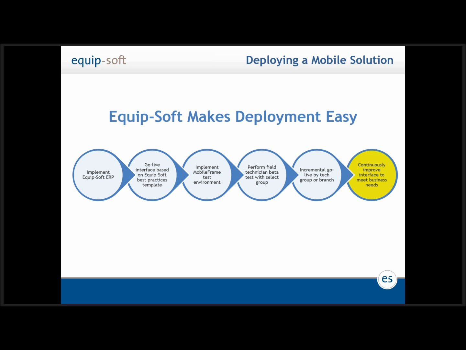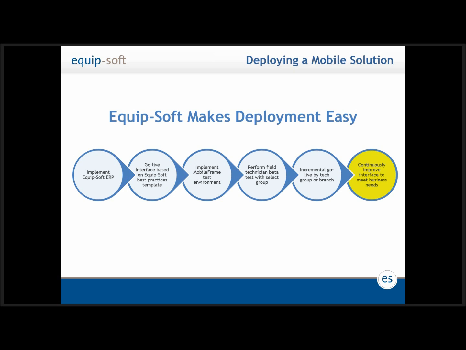How do we do that? We designed a best practice template for customers to use. The best practice template means a couple different things. We have a basic template, which you saw for mobile frame, which you can use to go live for a select group of technicians in your company.